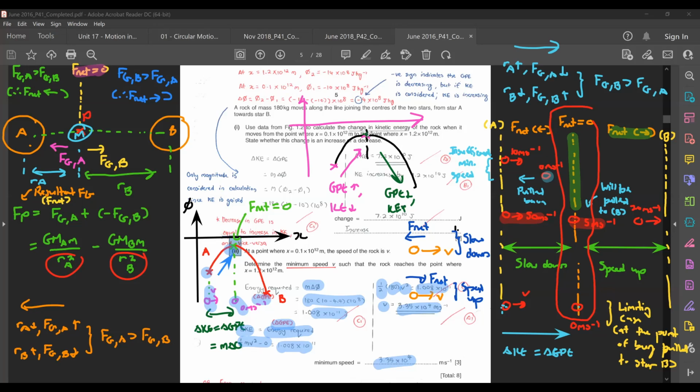So I know this point is the point where F net is 0, because like just now I mentioned to you, on the left hand side of F net equals 0, F net is towards the left, your object will slow down. But on the right hand side, your net force is towards the right, your object will speed up. So one way you can see that is by looking at your KE change.